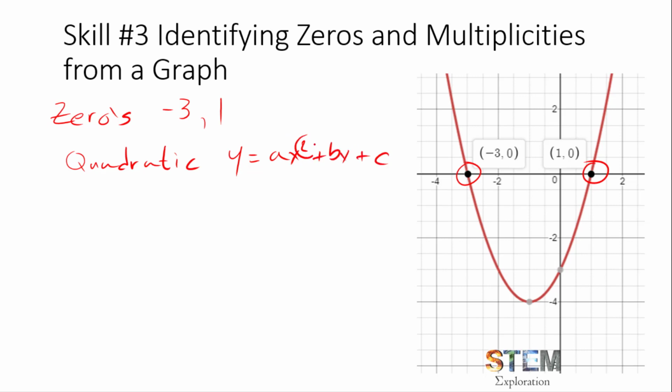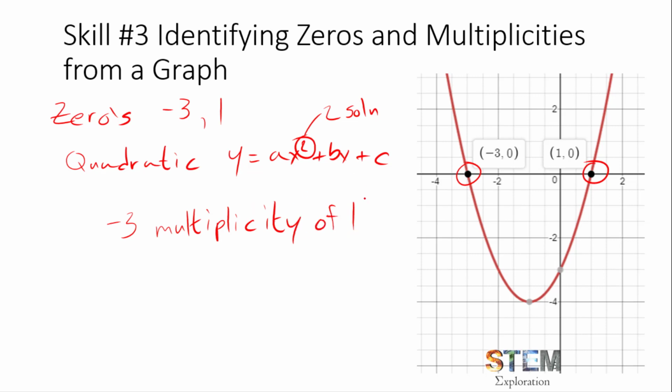And that means that the highest order power is 2. So that means that there should be 2 solutions, or a total of 2 multiplicities. So what that means in this given instance is that if I have negative 3 as a solution, it has a multiplicity of 1.